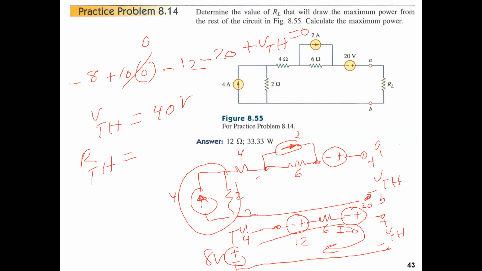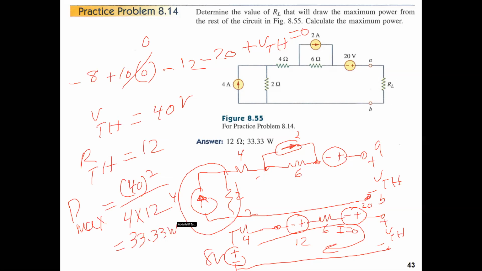It's 12 here. Now Pmax will be VTH, 40 squared, over 4 multiplied by 12. I hope we get 33.33 watts. So that's the solution for practice problem 8.14.